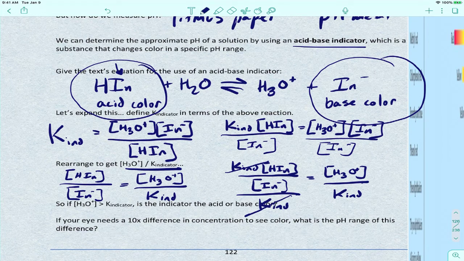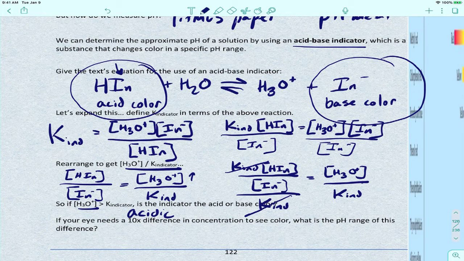So what this is telling us is that if the concentration of H3O plus is greater than the equilibrium constant of the indicator, are we dealing with a more acidic or a more basic solution? Well, it would definitely be acidic. Okay.